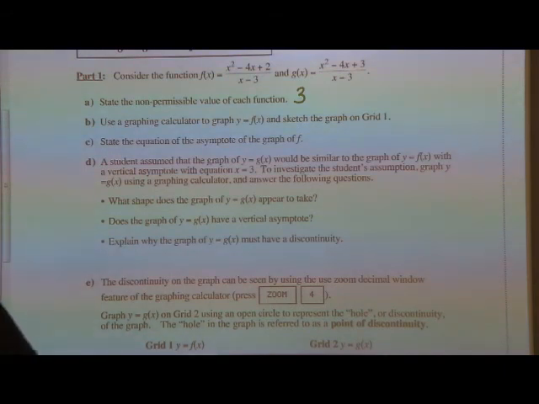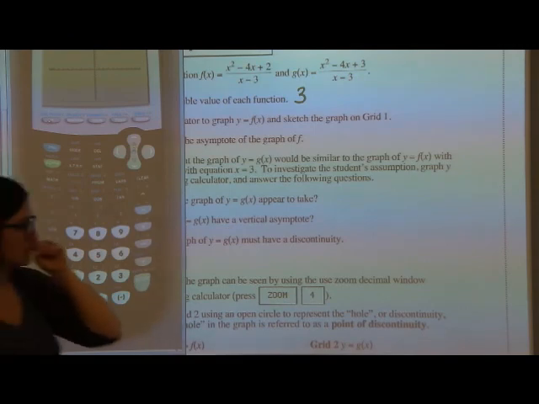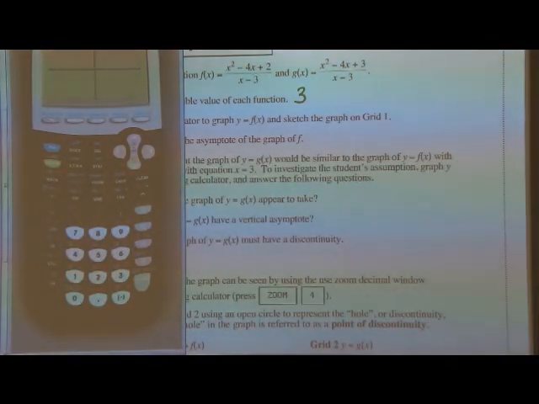So we're going to use our graphing calculator to graph f of x, and then we'll sketch it on the grid that's below. So we have y equals, my calculator's stuck. Okay.